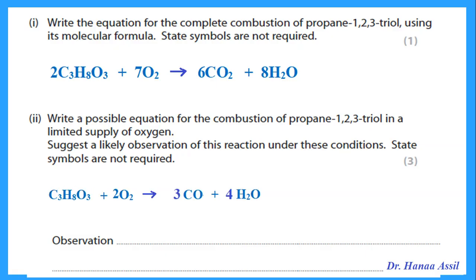We said limited supply of oxygen, that is incomplete combustion. This will give carbon monoxide and water, and we're asked to write what is the observation that we see when we have incomplete combustion. We see black smoke.